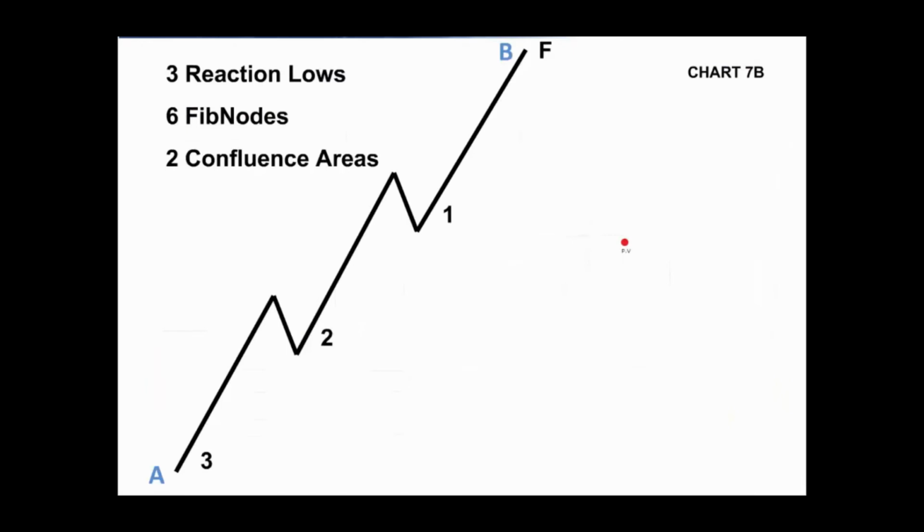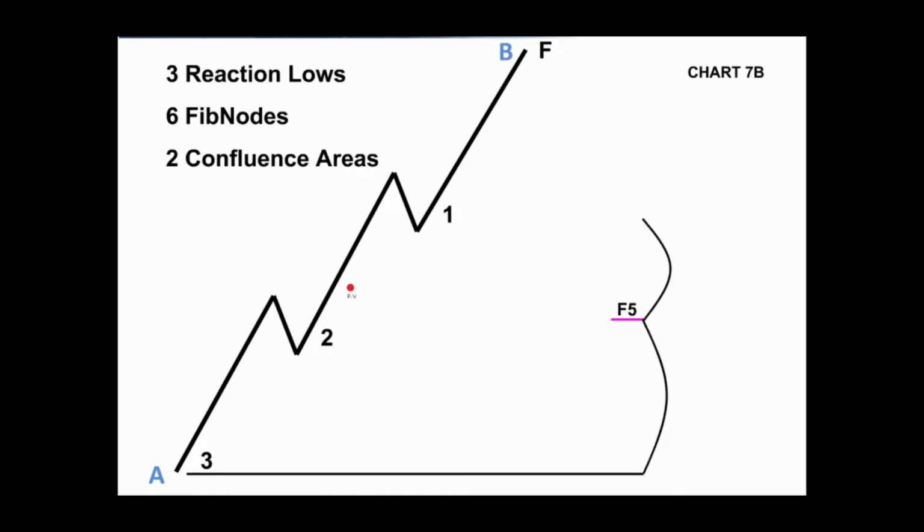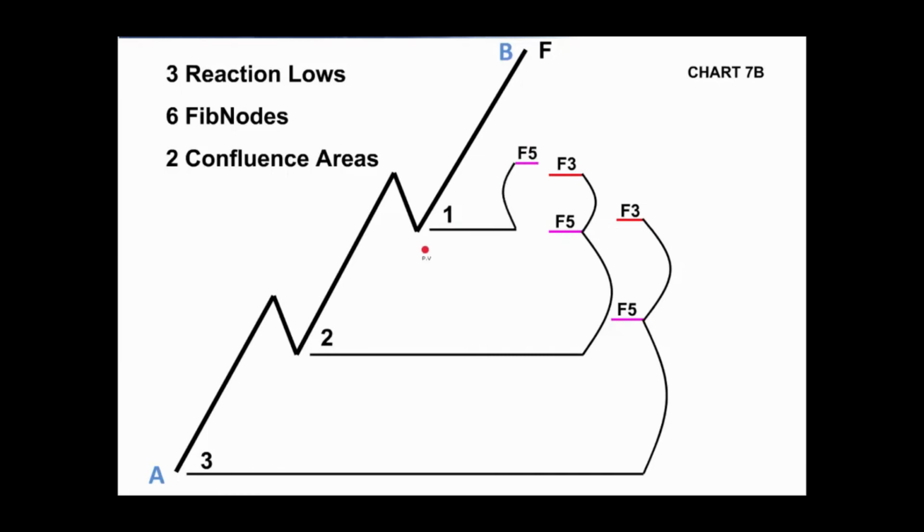Obviously things can get more complex. You get a multiple reaction move, and you can have 4 or 5, and this is where the tools will help you a lot. So same as with the 2 reaction points, we take the distance from the focus down to each reaction point, and we calculate the F3s and F5s from each reaction point up to the focus, and then we'll see where we get support.